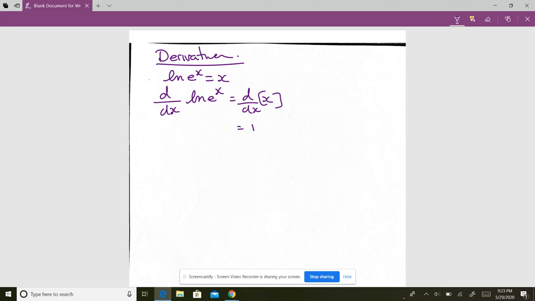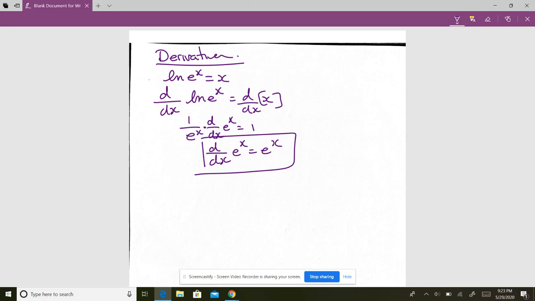Derivative of the natural log is 1 over e to the x times the derivative of that function, u prime over u. So if I multiply e to the x up, I get the derivative of e to the x is equal to e to the x.